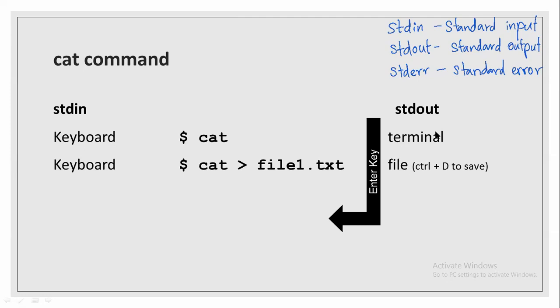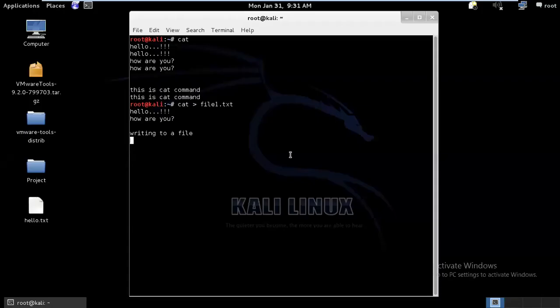It's just going to echo the content and that's it. But when you provide Control D with files, remember it's going to save it. So if I type Control D, it's going to save it. And if I type ls, I can see there's a file called file1.txt.